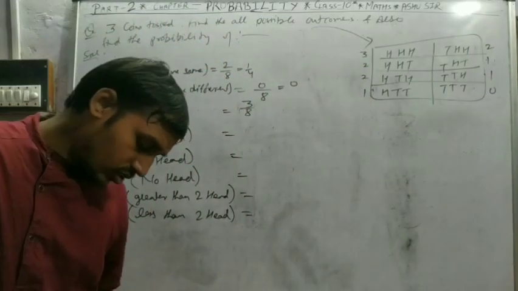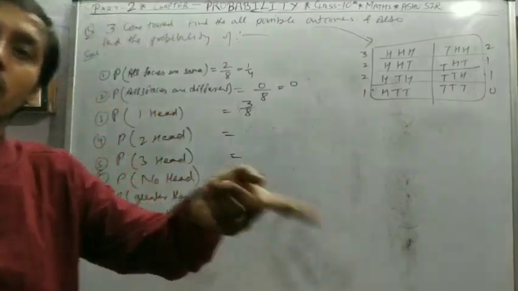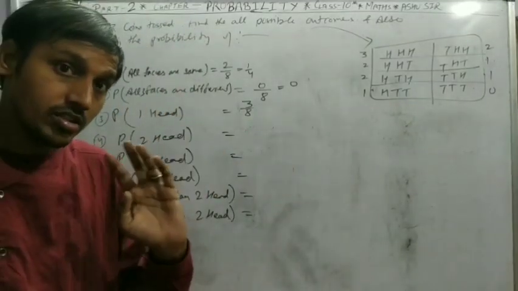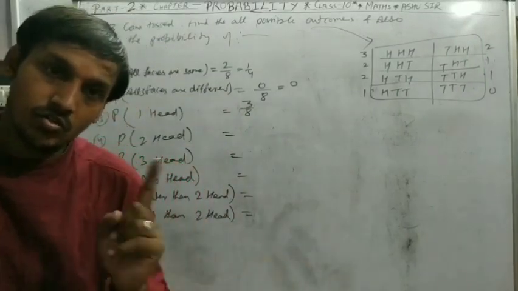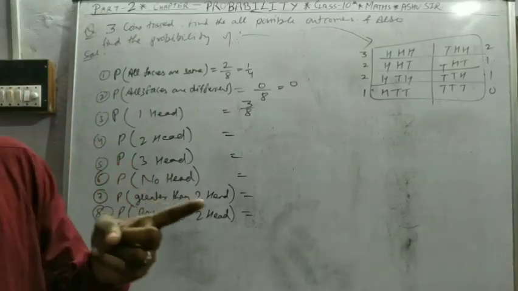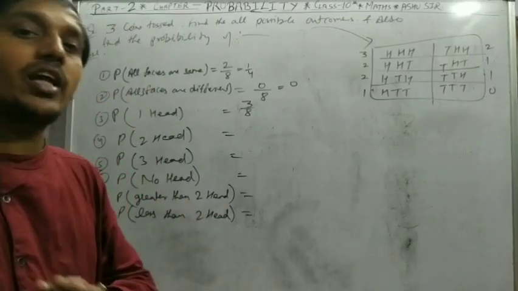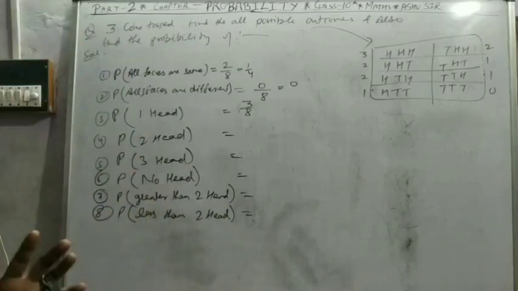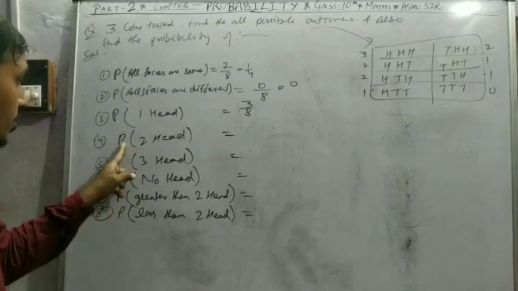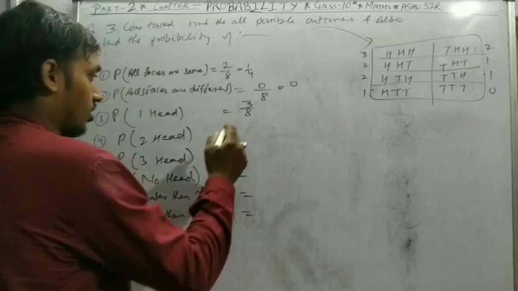If 3 coins are tossed, 0 heads means 3 tails. 2 heads means 2 heads, 1 tail. 1 head means 1 head and 2 tails. 3 heads means 3 heads and 0 tails. Keep the same concept in your mind when you solve the question. Probability of 2 heads: how many have 2 heads? 3. So 3 by 8.